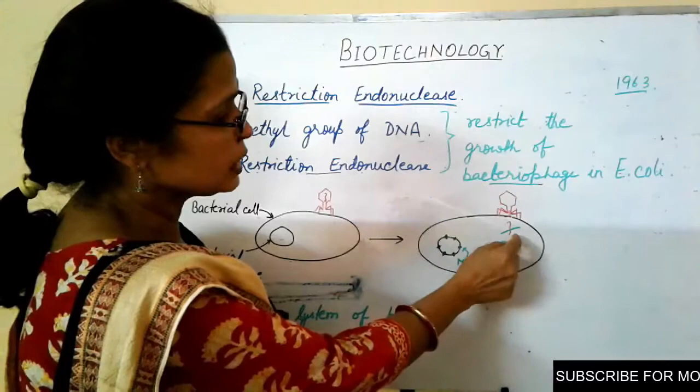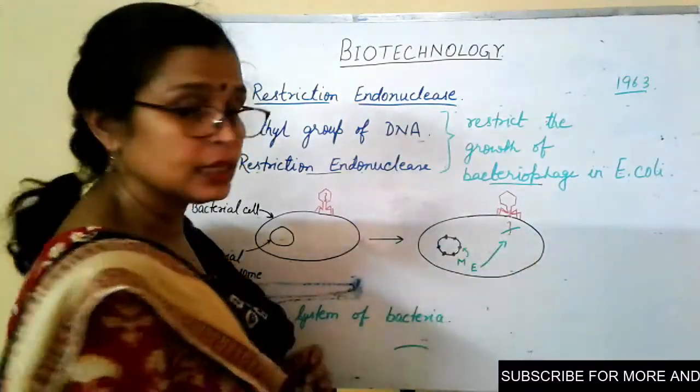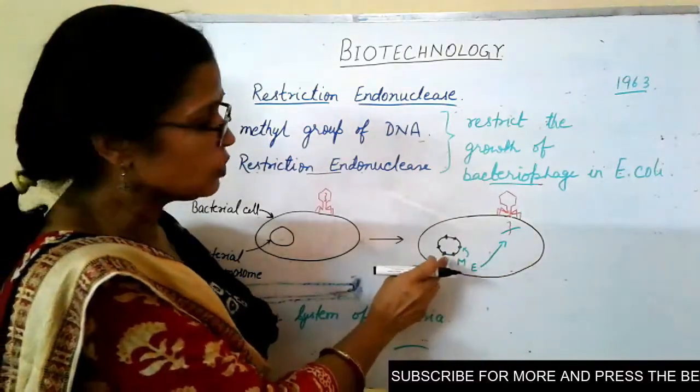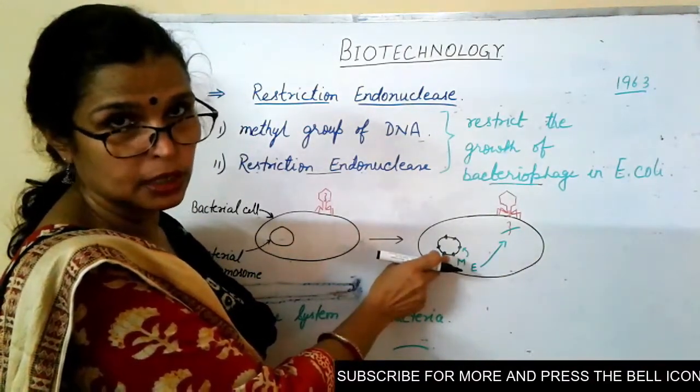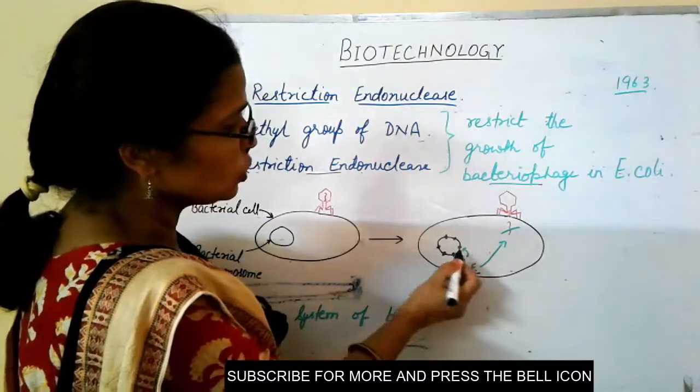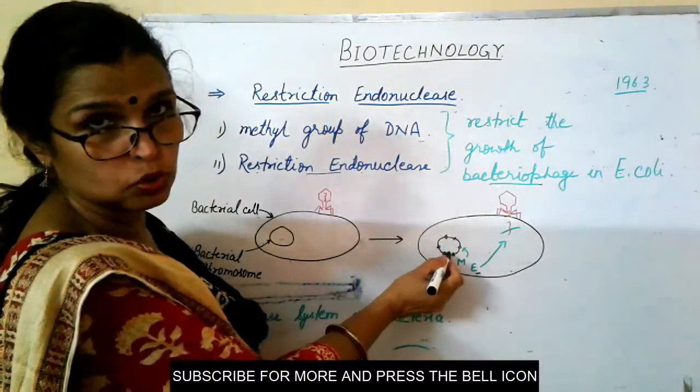But the point is, the specific sequence that is present in the viral genome may be the same sequence present in the bacterial chromosome. So this endonuclease can damage or destroy its own chromosome.